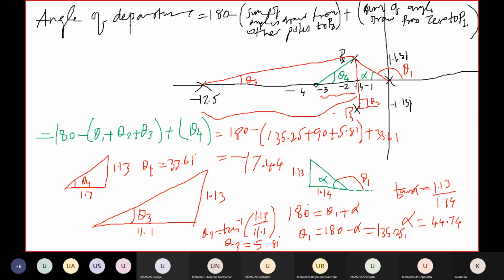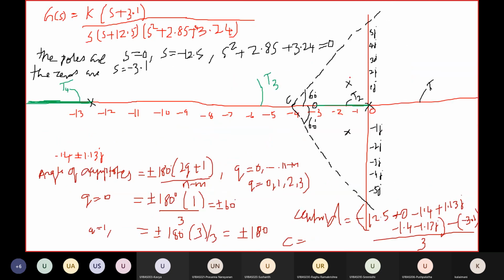In this case, my root locus branches start from these poles at an angle of minus 17.44 degrees, then follow the path of these asymptotes, and meet the zero at infinity.